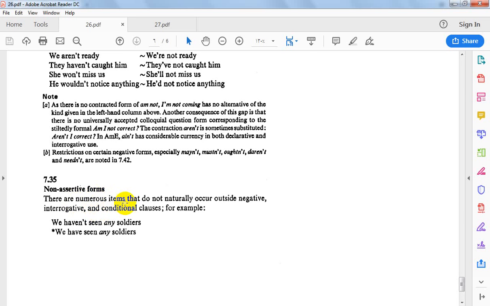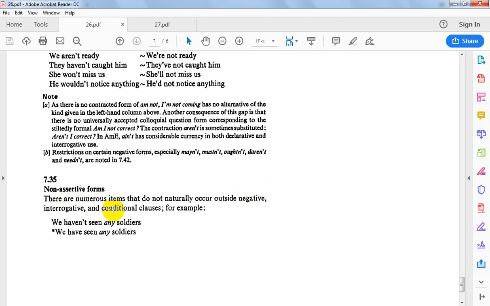There are numerous items that do not naturally occur outside negatives, interrogative and conditional. Call all these, negative, interrogative, conditional, non-assertion.